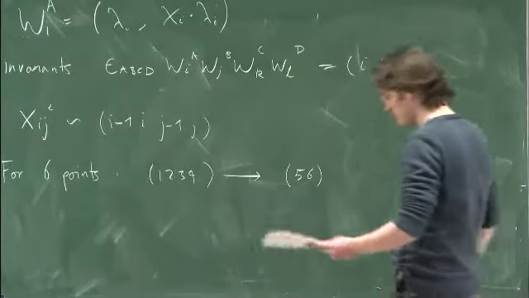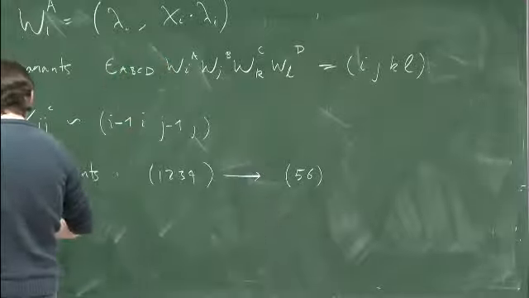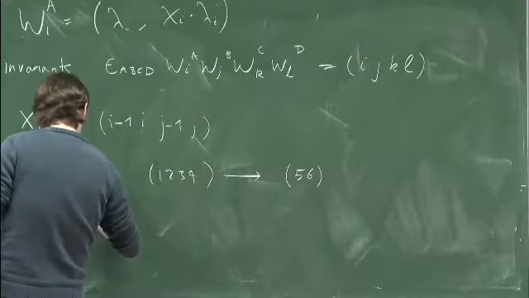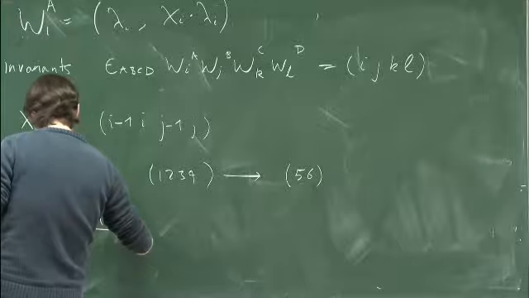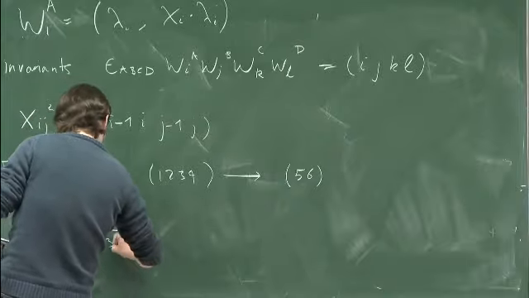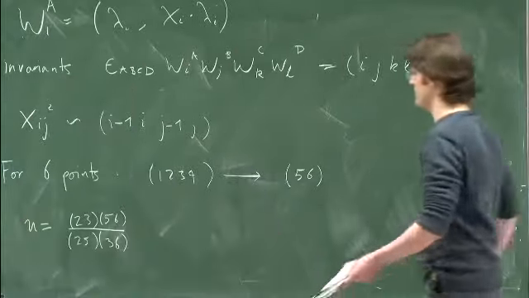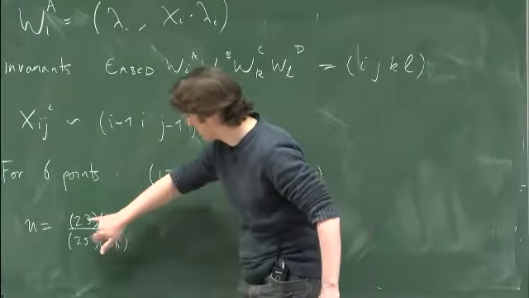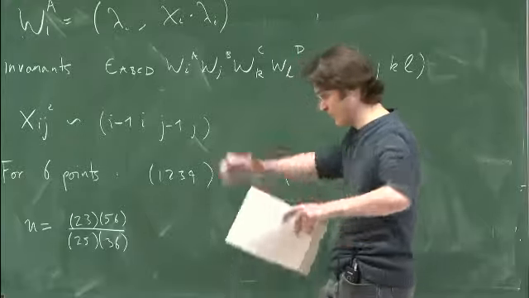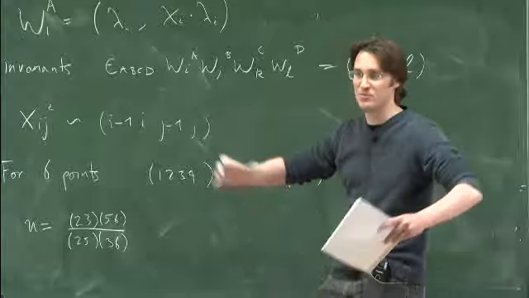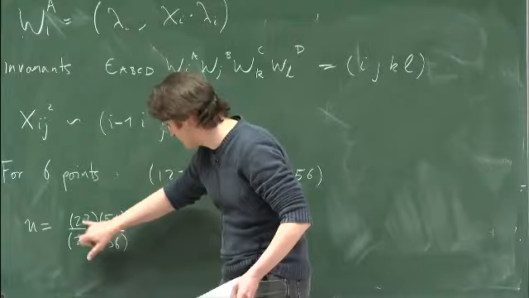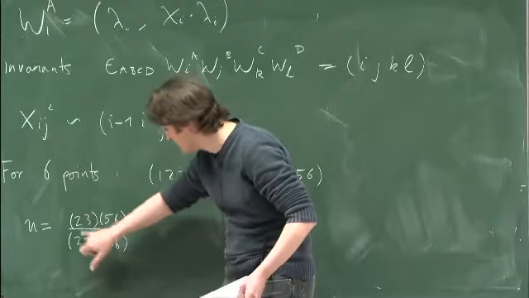Okay. So in that language then, the cross ratio U will end up being just <23><56> over <25><36>. And you can see here, these in principle are 2-component objects, but I said they're just complex numbers. What I really mean is that you have to mod out by a scaling transformation in these 2 components, and that's done here by forming a homogeneous combination.